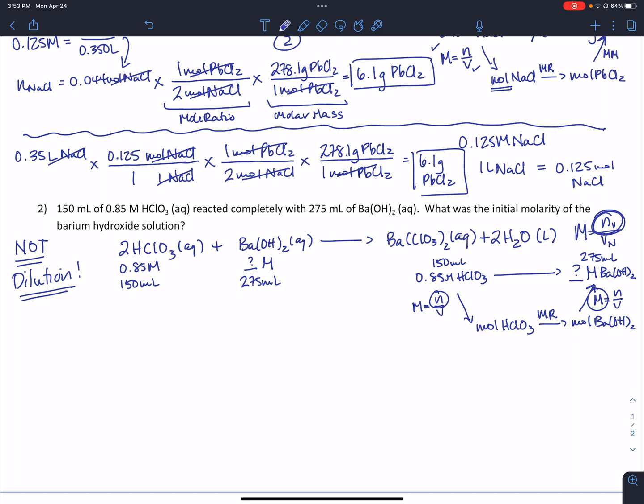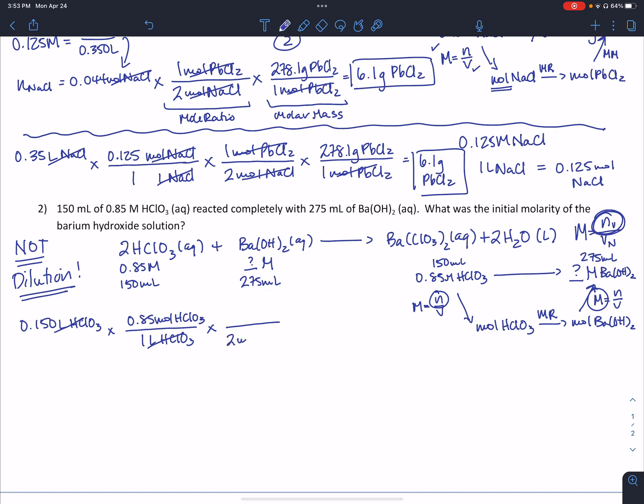So this time I have 0.150 liters of HClO3, and my molarity is 0.85 molar, which means that for every 1 liter of this solution, I have 0.85 moles of that solute. That's going to let me cancel those liters. Now I can do a mole ratio step.